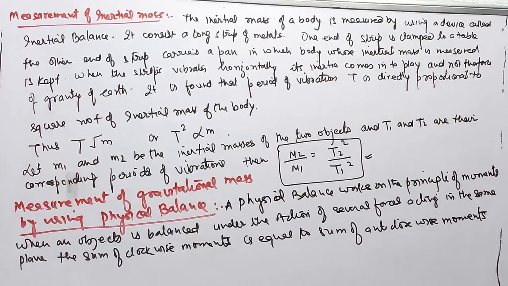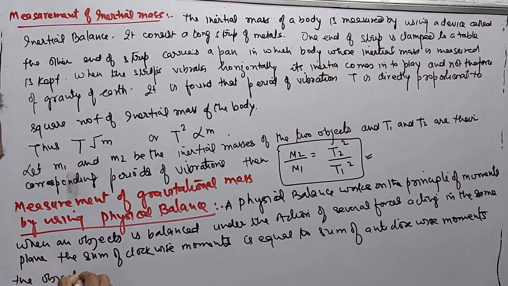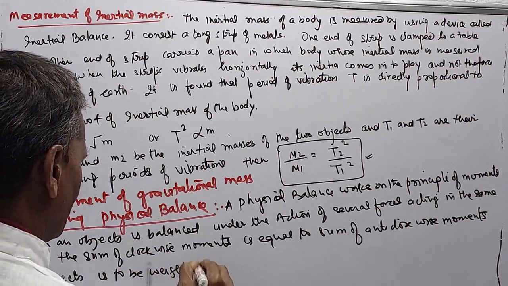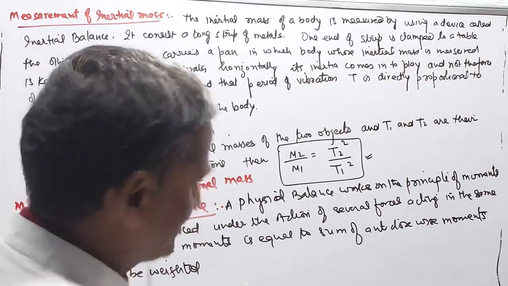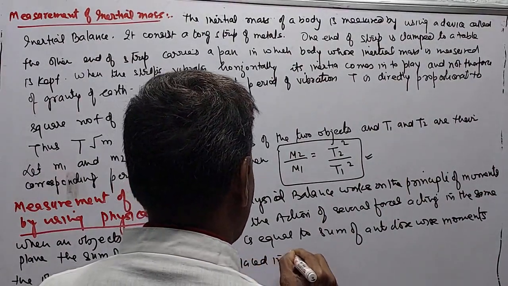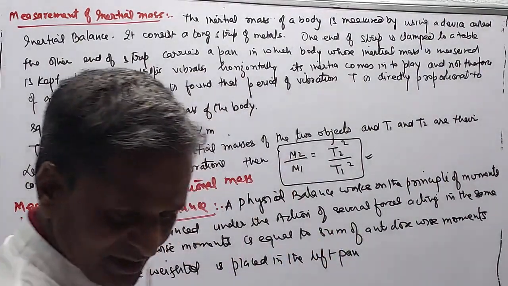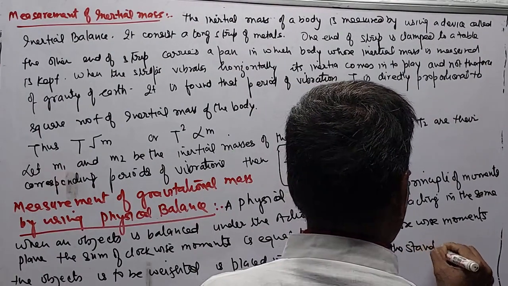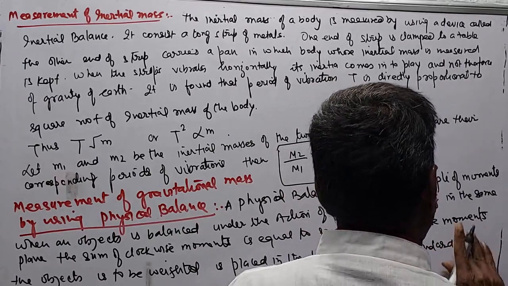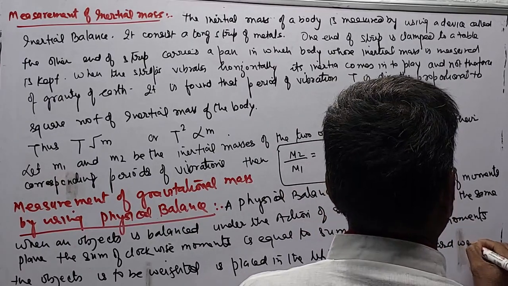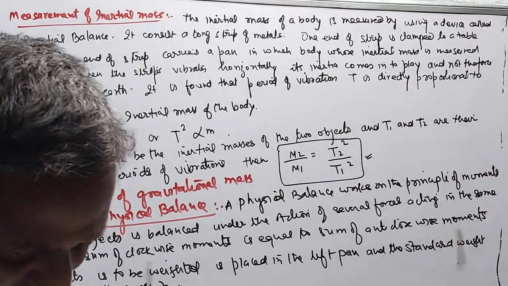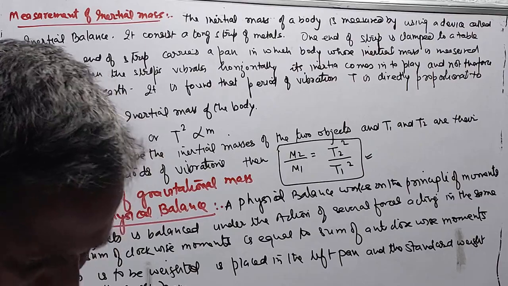The object to be weighed is placed in the left pan, and the standard weights are placed in the right pan.